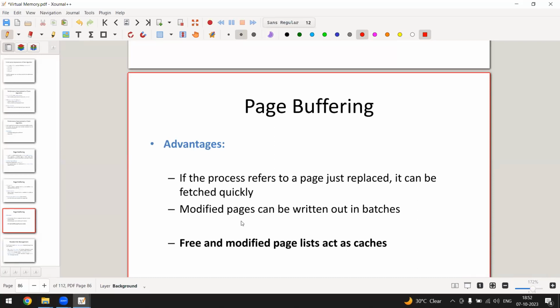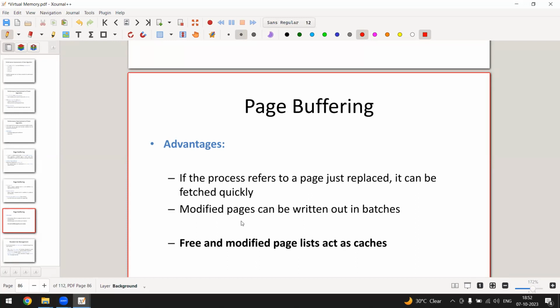That is the advantage of page buffering. Also, modified pages can be written out in batches. Instead of writing one page to the disk, you can do the disk write operation in bulk. That is the second advantage.